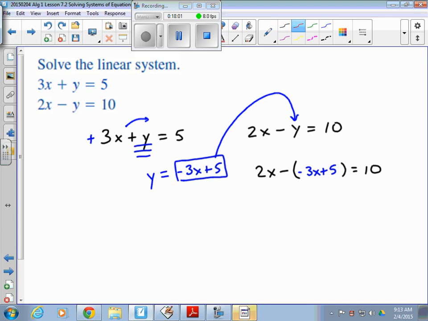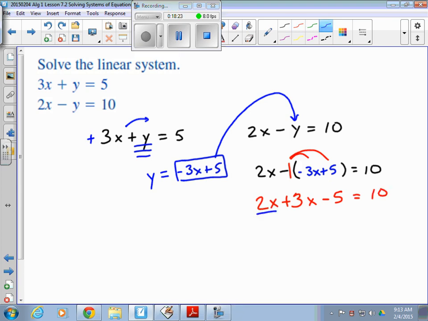Don't lose the fact that this is a negative 1 right here. You have to distribute that negative 1 to all of the terms in the parentheses. A negative times a negative is going to be a positive 3x. A negative times a positive is going to be a negative 5. Bring the rest of it down. 2x is still there, equals 10 is still there.